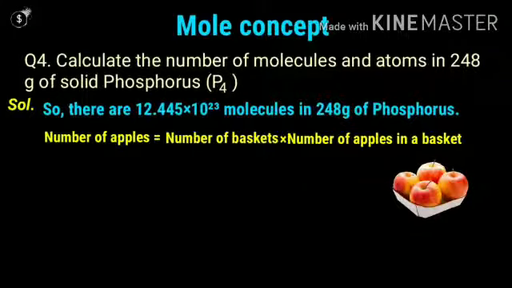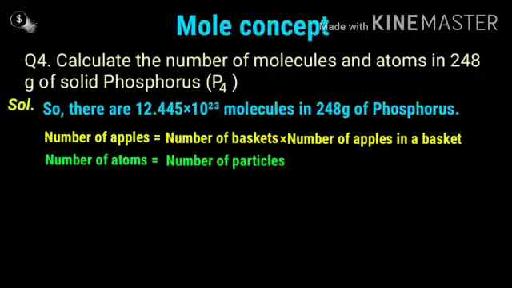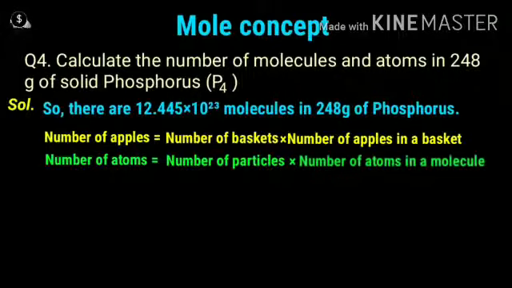So I think you have now understood how to calculate the number of molecules and atoms in a given amount of a molecule, substance, compound, anything. This is the formula for calculating the number.